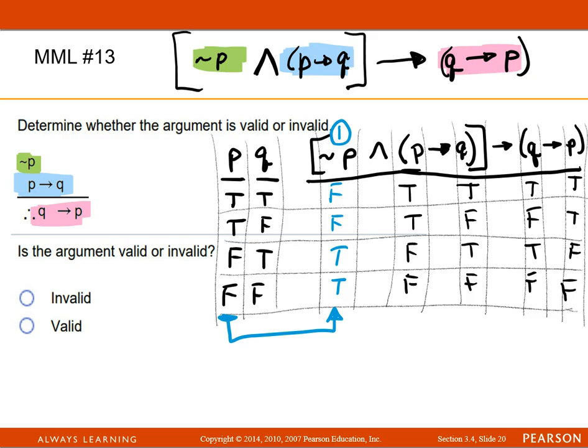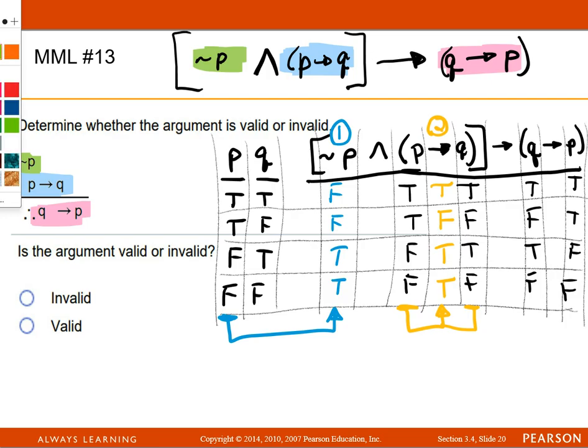My next step will be this column, the if then, and to get this one it's going to be if the P column then the Q column. So if true then true is true, if true then false, that's the false one, and everything else is true. The only time you get a false on an if then is when it's if true then false.